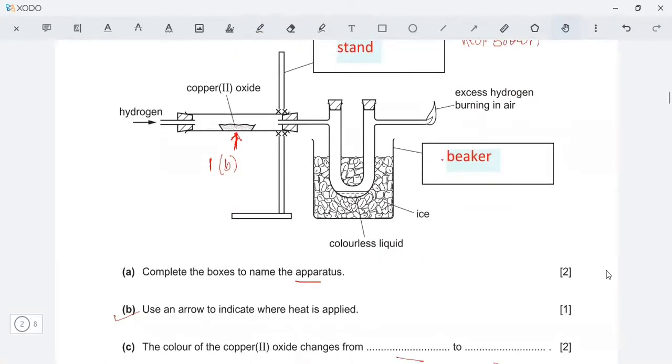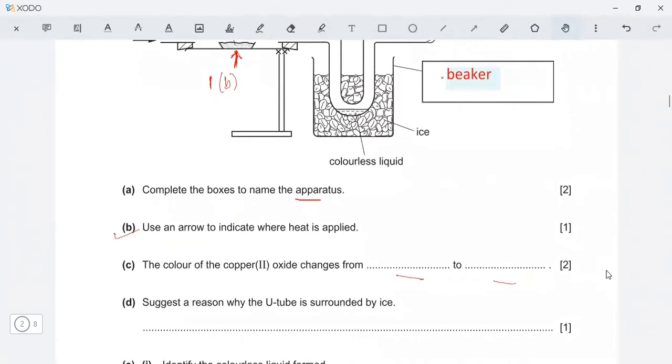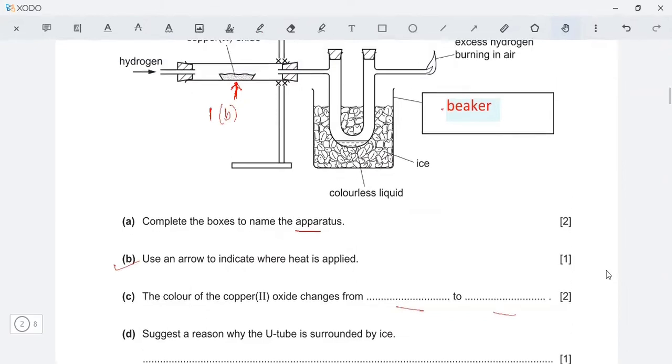Okay, so how are you going to answer? You can write here the color of copper oxide changes from which color to which color. What is the answer you have to write here? What color changes? Here, black to reddish brown, right?